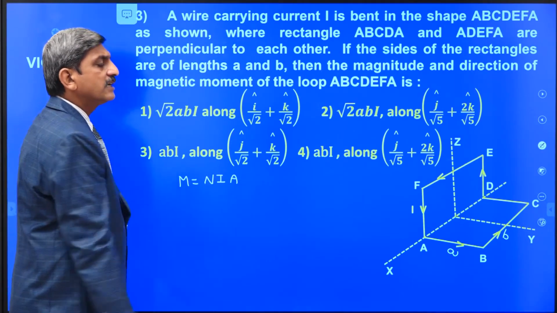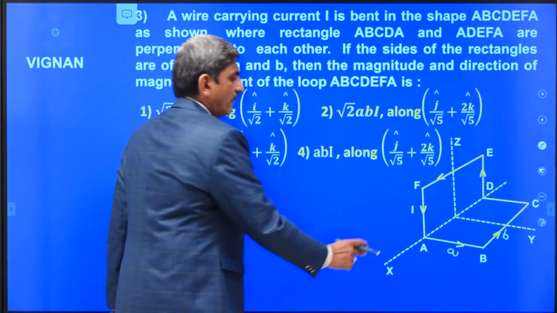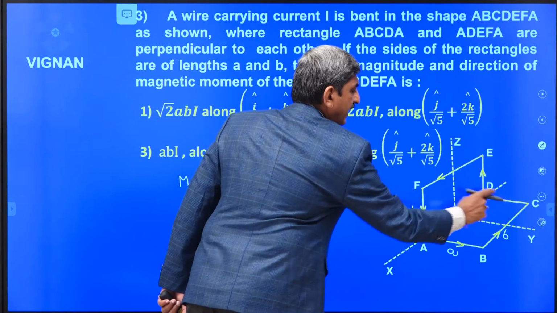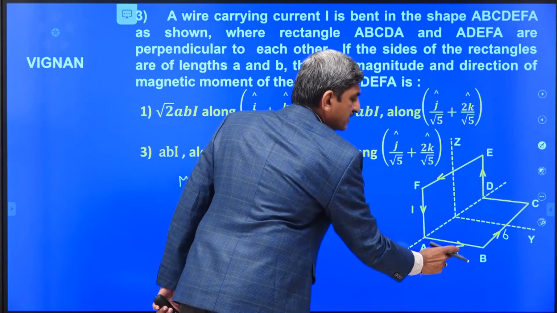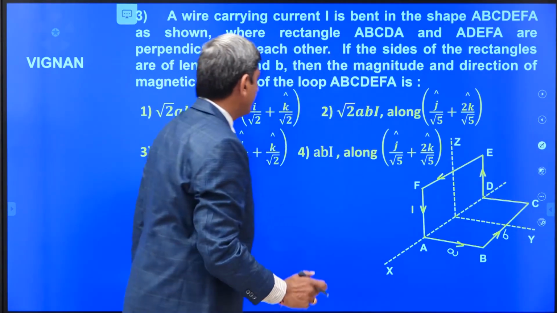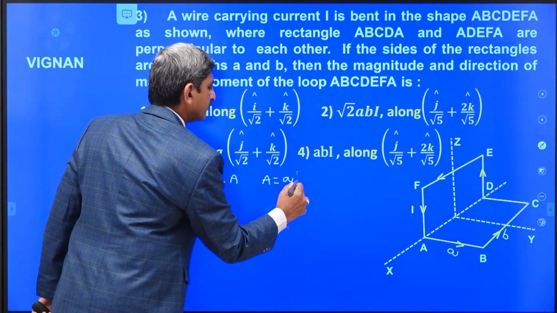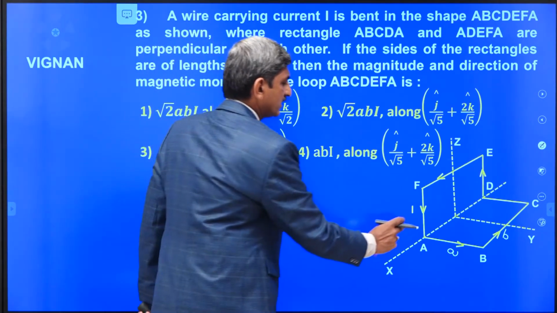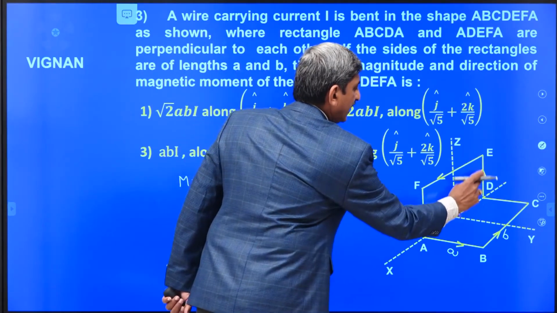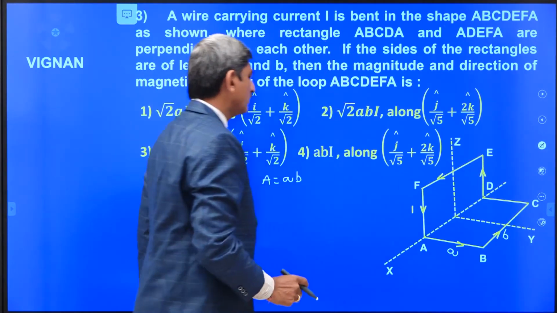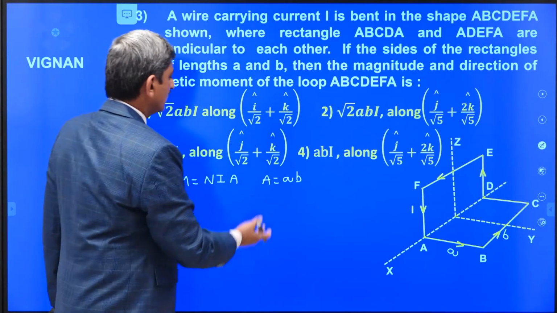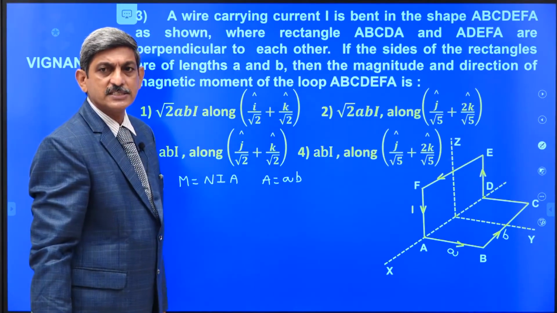Here A is the area of the coil. For this ABCDA coil, length is equal to a and the breadth is equal to b, so that the area of the coil A is equal to ab. For this ADEFA also, the dimensions are same, that's why for that also the area is same.